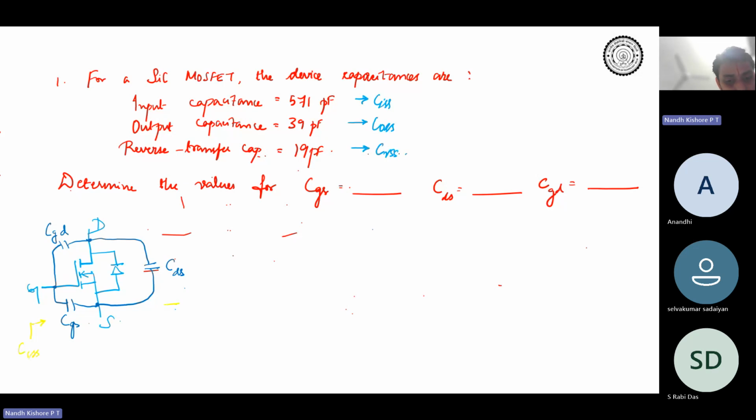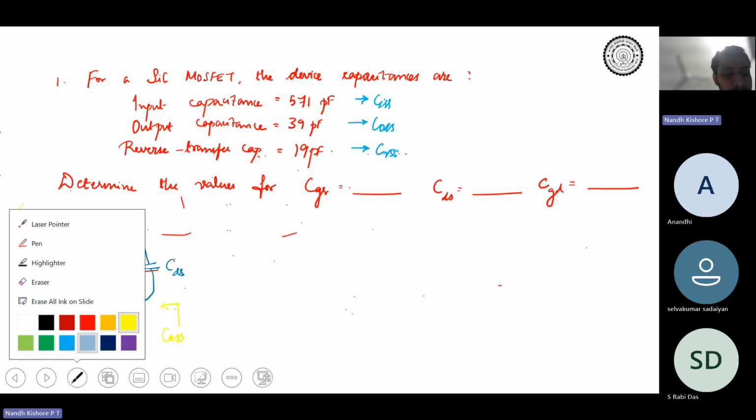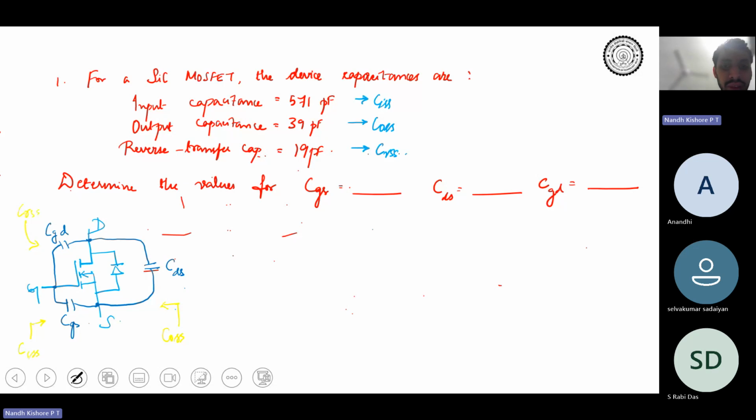COSS is the effective capacitance seen from the output side with the input shorted. CRSS is the reverse transfer capacitance between input and output. So it is obvious that CRSS is the same as CGD. Therefore, CGD is 19 picofarad.